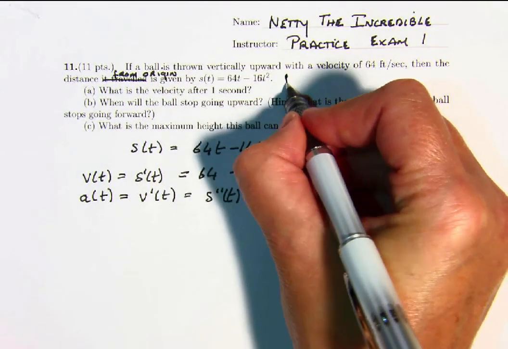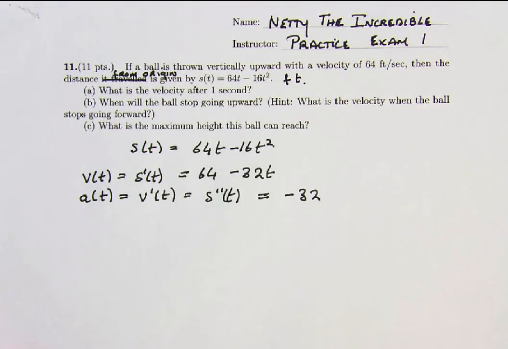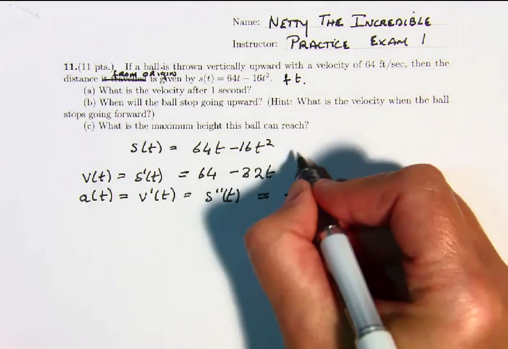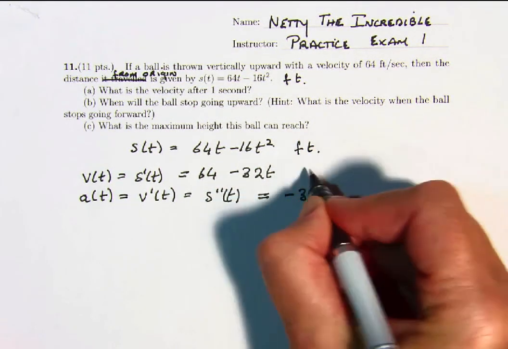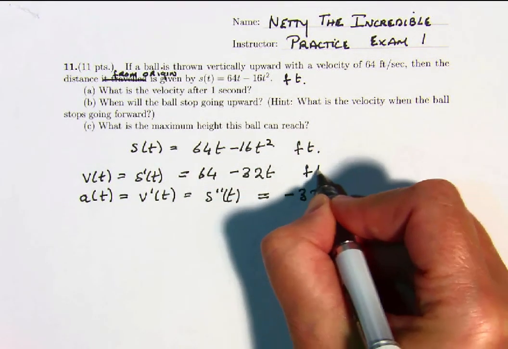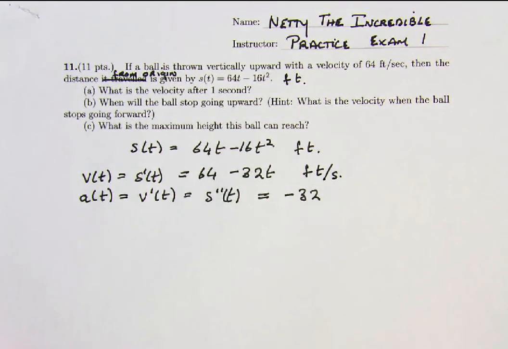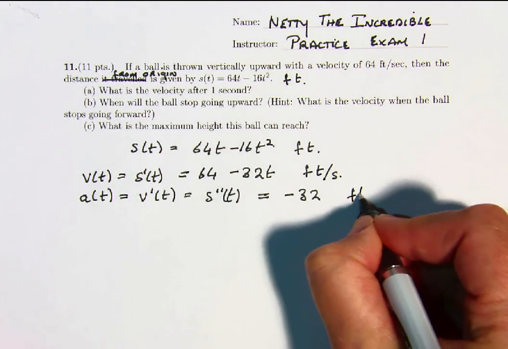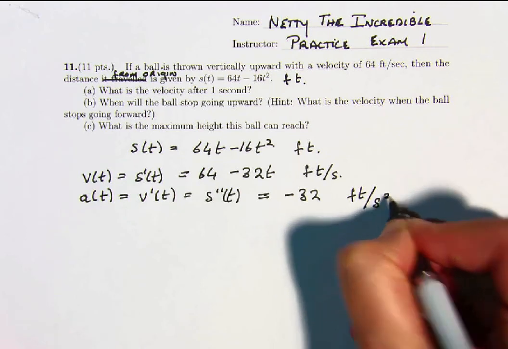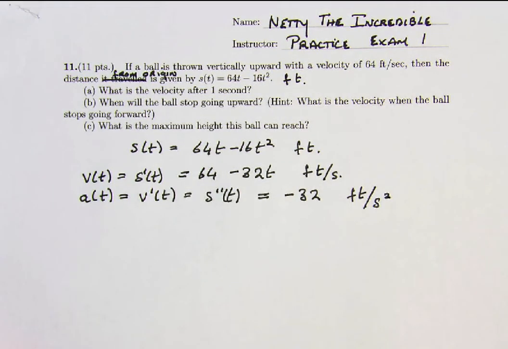And this is given in feet from the origin, so the unit of measurement here is feet. This is feet per second because it's a rate of change, and this is a rate of change of a rate of change, so it's feet per second per second.